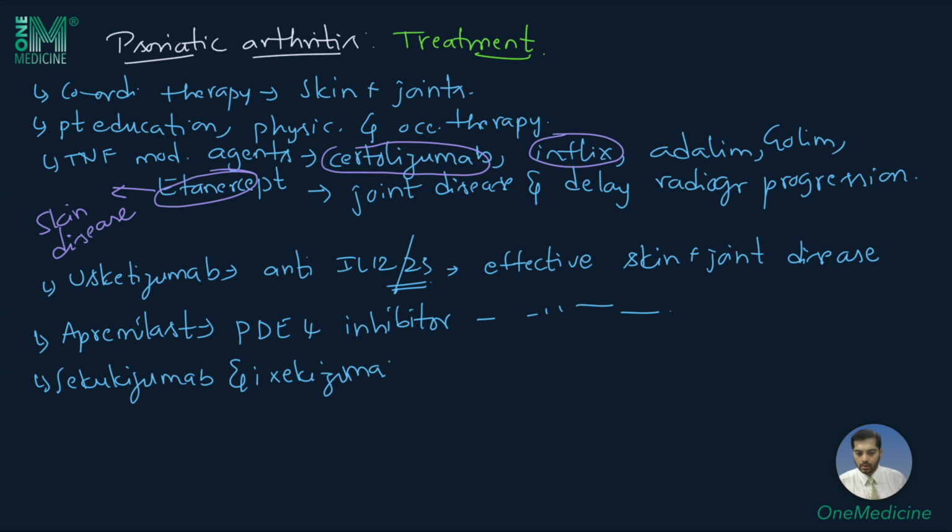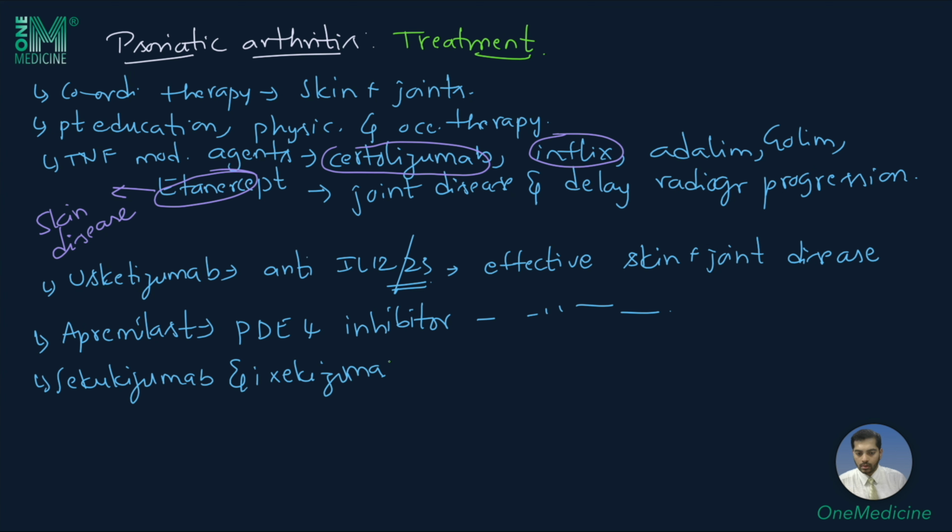Methotrexate is effective in dosing of 15 milligram per week, where it can improve the patient's symptoms and also affect the skin lesions. However, it is not shown to effectively improve the disease features. Patients with skin disease and joint disease can also be benefited by leflunomide.